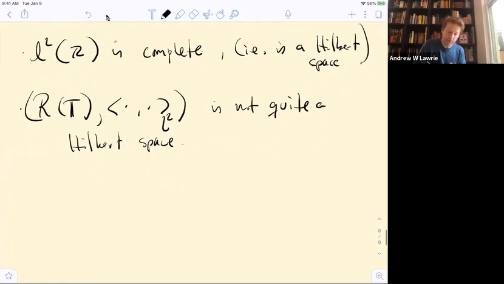Your book gives you a nice example of a sequence of functions which are Cauchy but don't converge. So, example: completeness fails.